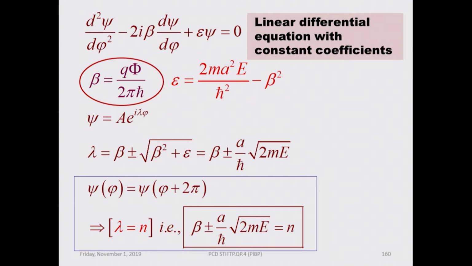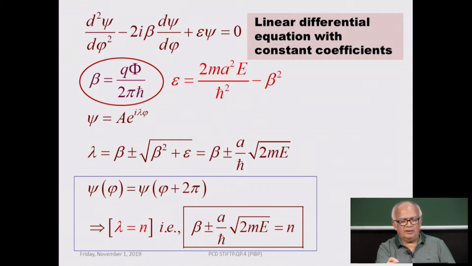If you are looking at the wave function at some point and then go around and come back to the same point by adding 2 pi to the azimuthal angle, the value of the wave function should not change, and that ensures that there is quantization. There is discreteness which is coming out of this uniqueness condition.